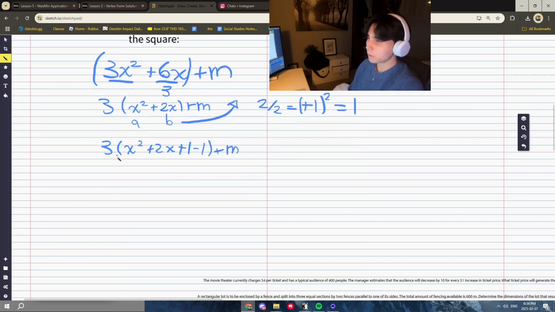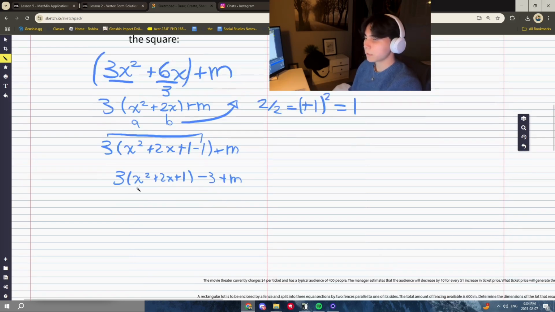And now you can bring this negative 1 out, like the rules should apply, by multiplying it by the coefficient. So we get 3 times x squared plus 2x plus 1, plus negative 1 times 3, which is negative 3, plus m.